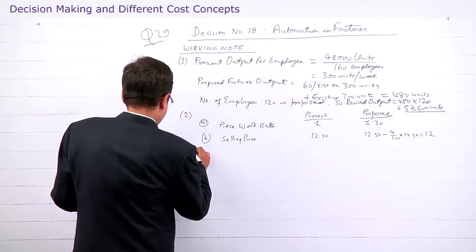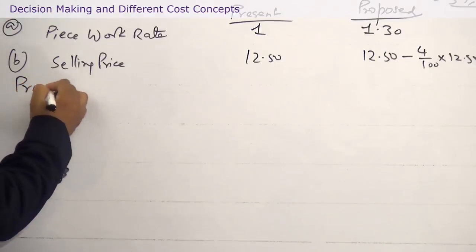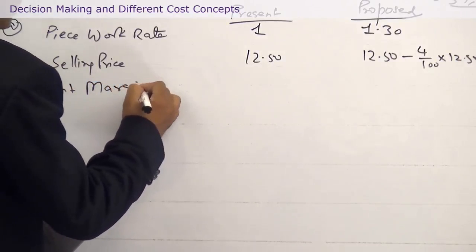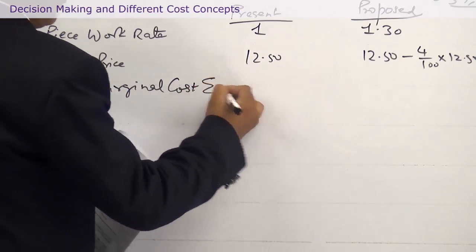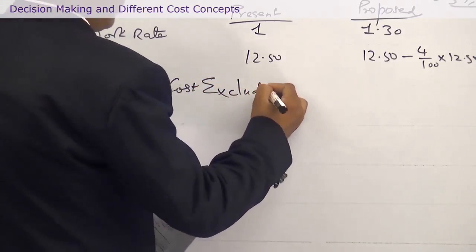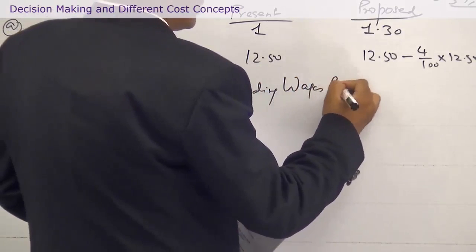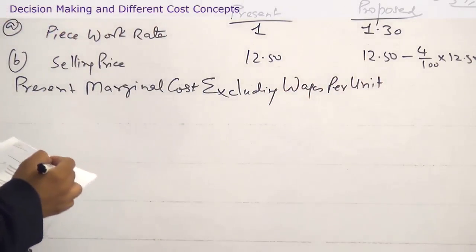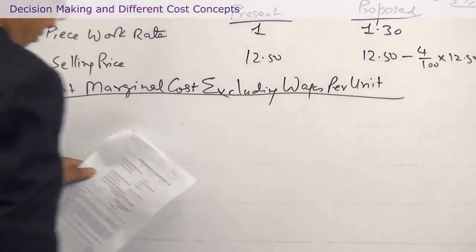The third part, very, very important and crucial part, present marginal cost excluding wages per unit. So what is this? Very important point.